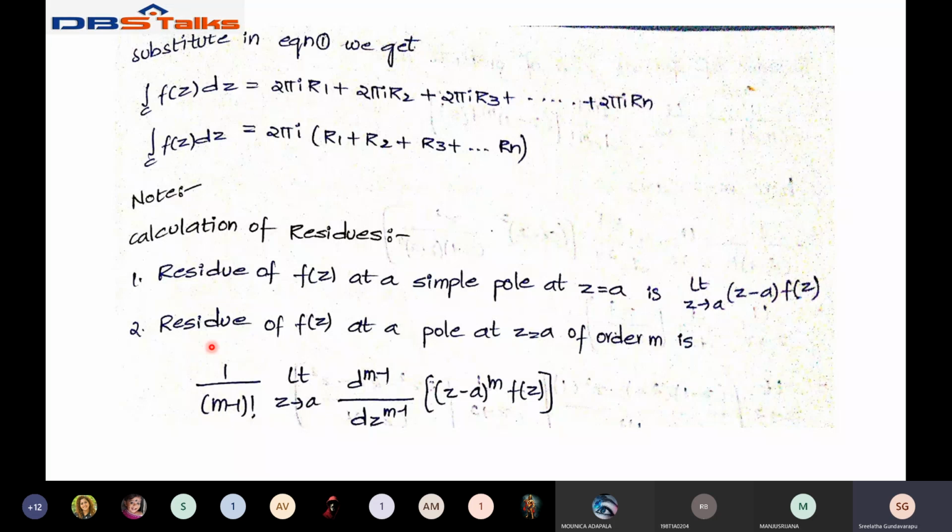The second one is residue of f of z at a pole z equal to a of order m is 1 by (m minus 1) factorial, limit z tends to a, d power m minus 1 by dz power m minus 1 of (z minus a) whole power m into f of z. These two formulas are very important in this unit. First one is the simple pole formula, second one is the order m formula.